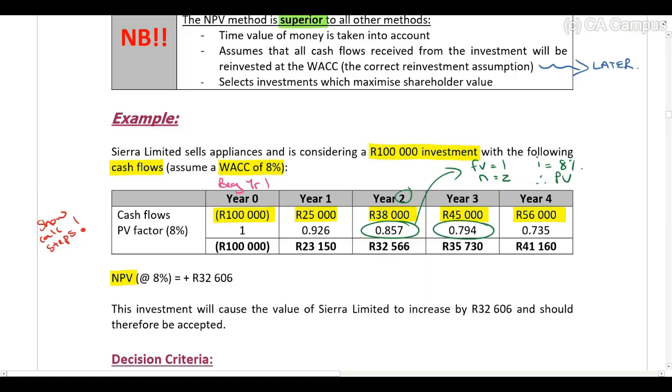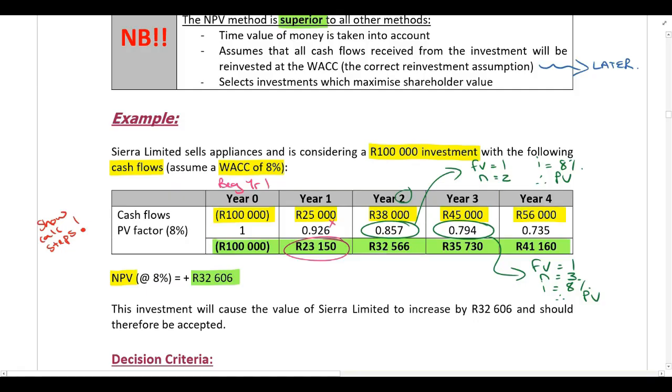Or if we look at year 3, your future value is 1, N is 3, I is 8%, and once again compute your present value. And then if you use the factors, you just take the cash flow, you multiply it by the factor so that you can get your present value. You then just add together all of these cash flows over here and you work out your net present value.